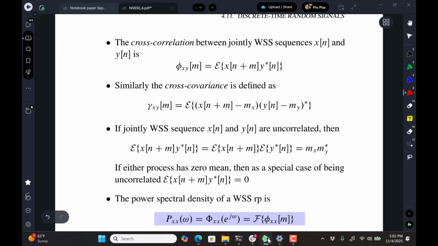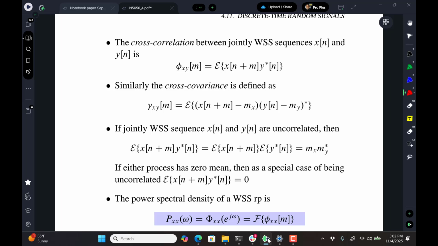Now to up the ante a little bit in terms of complexity, we're not going to restrict ourselves just to random process X. We're going to consider a second process Y, and pun intended, Y. The Y will be the output of a system and the X will be the input. So we'd like to be able to see how that factors in.